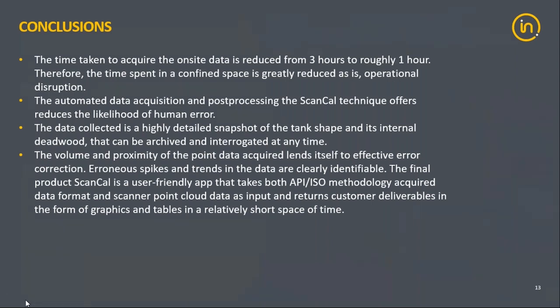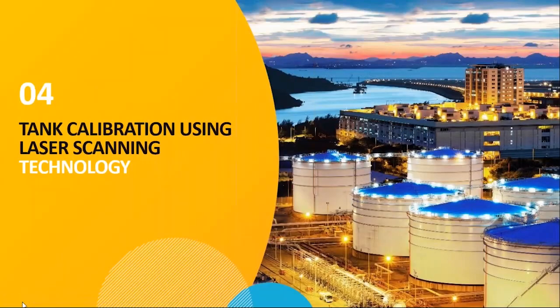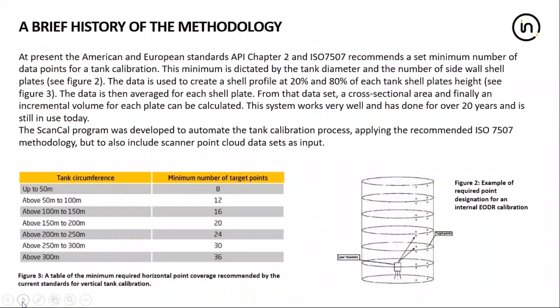Now we're going to talk about laser technology in particular, and this is what I was referring to before. You can see here how we measure the different points using the laser theodolite located within the tank, in order to create the cloud of points that I was referring to within the tank.